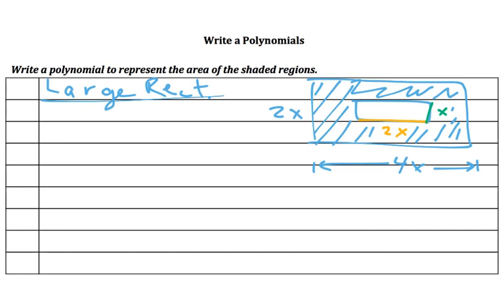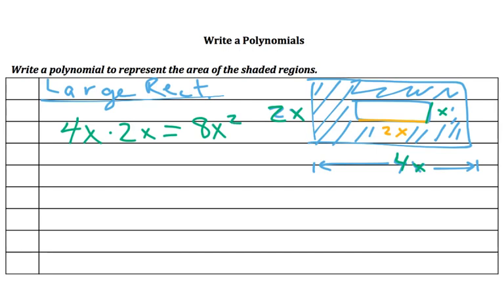This first one's a little bit more straightforward, and the reason it's more straightforward is because the length is labeled. I'm skipping a line just so it doesn't overlap with what I have. The width is clearly labeled. I don't have to do any work to find it, and I think I will, left to right, go ahead and simplify this as 8x squared.